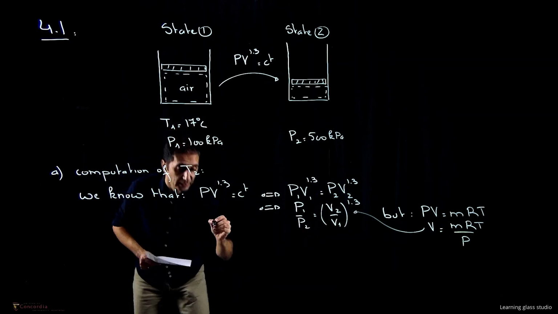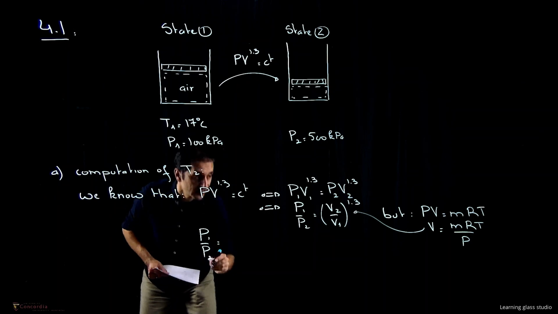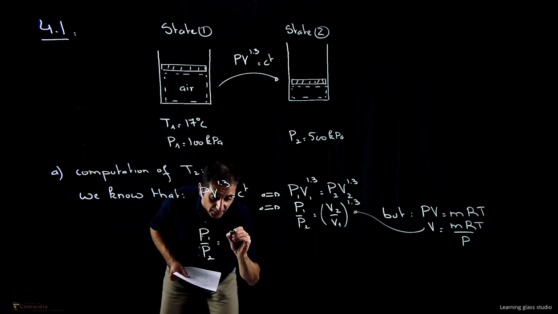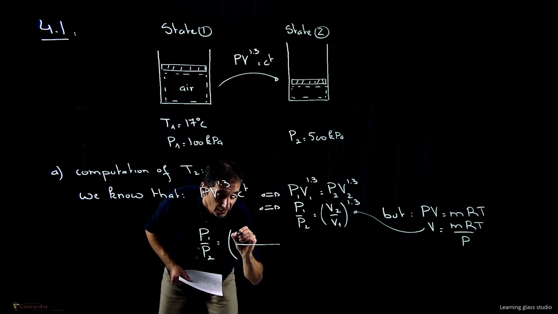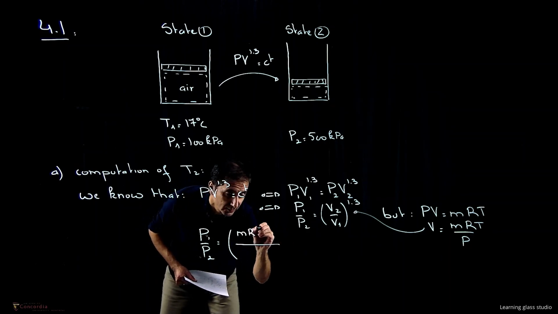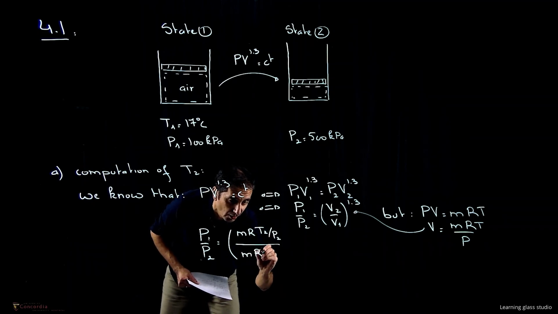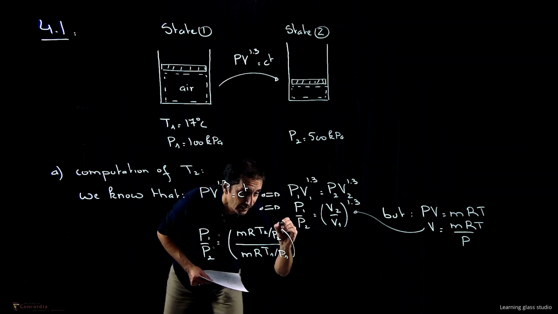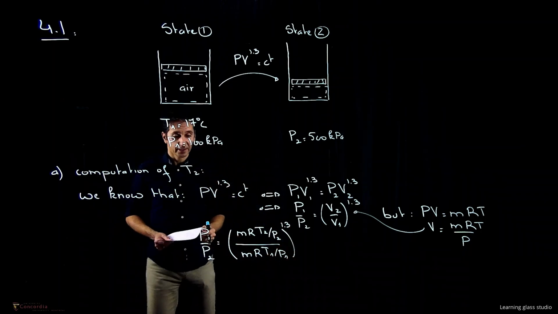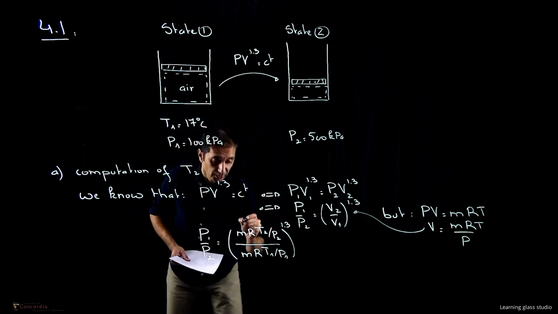So this will give us P1 over P2 is equal to (mRT2 over P2) over (mRT1 over P1), all exponent 1.3, right? So now we have the same mass, the mass doesn't change here.